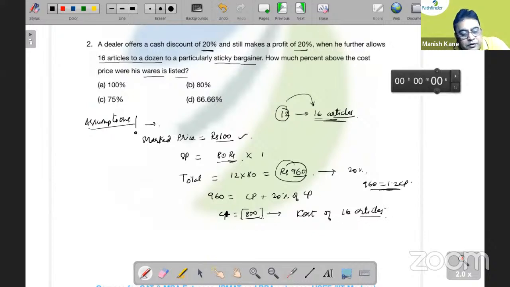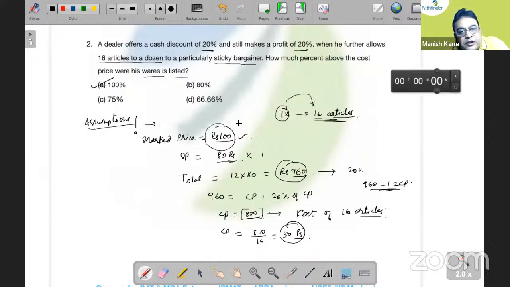So the cost price of one article must be 800 upon 16, that is 50 rupees. So you started with 100 rupees as the marked price and you obtained cost price as 50 rupees. So what is the percentage markup? Without even calculating anything further, I can simply mark 100% as my answer.